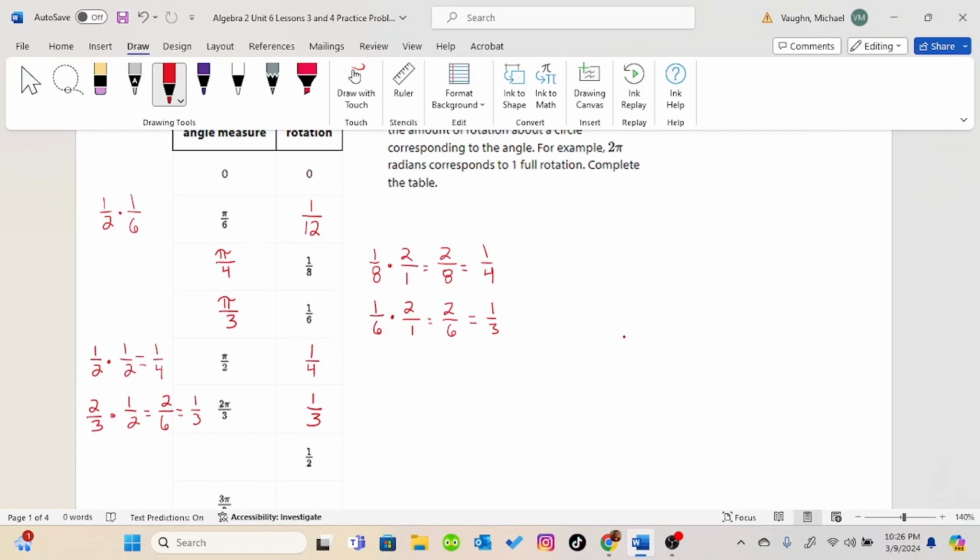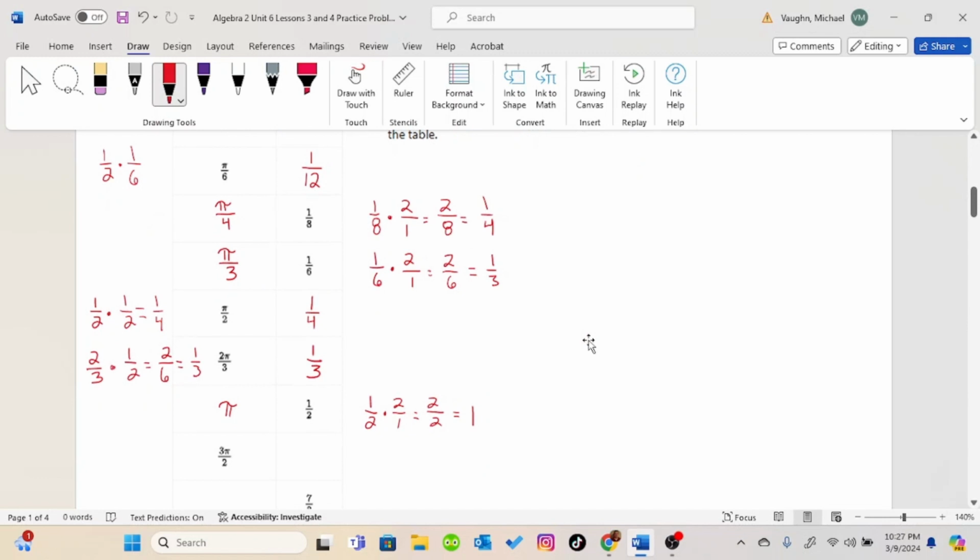Next, we have half a rotation around the circle, and we said that half a circle is pi. If we wanted to do the math the same way we have, that's 1/2 times 2, which is 2 over 2, which equals 1. So we have 1 pi.